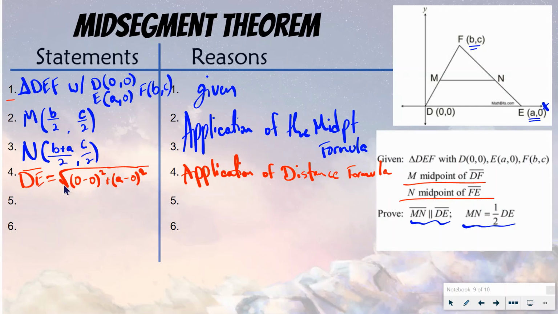So I'm just going to do the simplifying inside of there. 0 minus 0 squared is just going to be 0, so that's going to completely go away. And then a minus 0 squared is going to be a squared. So I'm taking the square root of a squared, which is just a. Now I'm going to find the length of MN the exact same way using the distance formula.